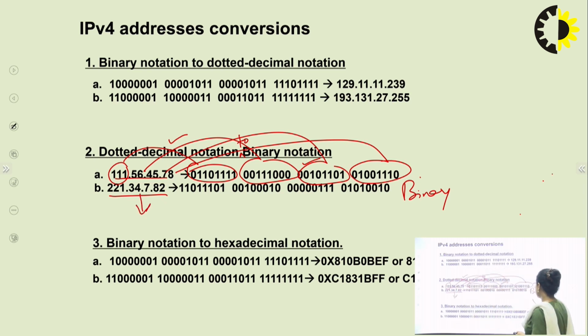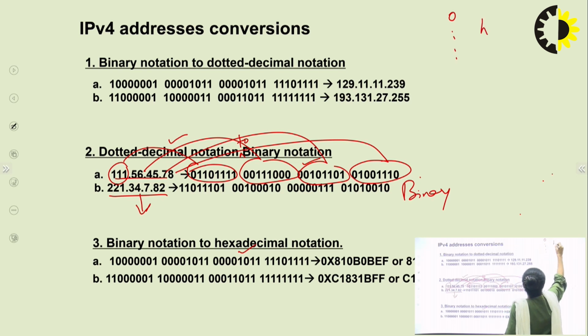Now let us come to the next one. The next one is hexadecimal form. How do you go to the hexadecimal notation? How do we represent it? Hexadecimal notation, as I told you, has base 16. When I say base is 16, the numbers in that base range from 0 to 15.